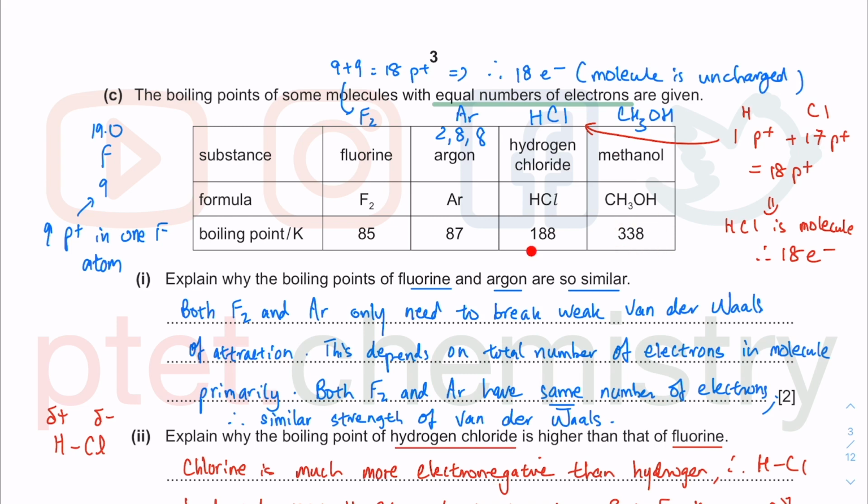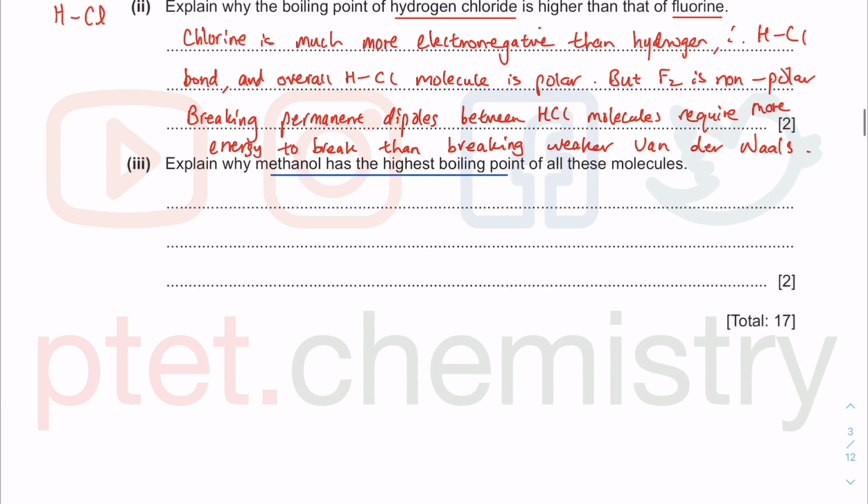So we talk about permanent dipole when we compare this polar molecule, and CH3OH must be polar as well. But between just the normal permanent dipole versus this, which must be a very, very strong permanent dipole, this must be the strongest intermolecular forces of all.